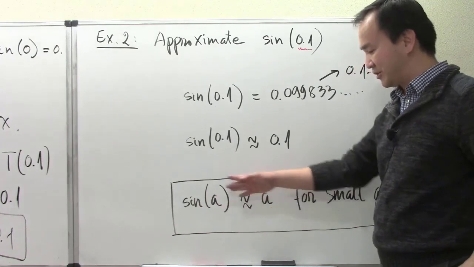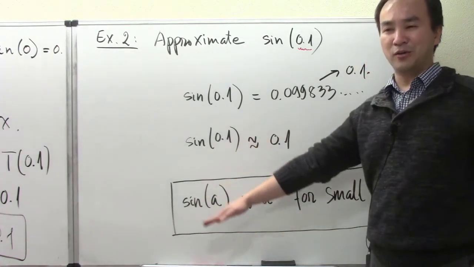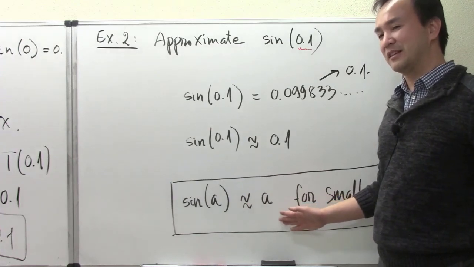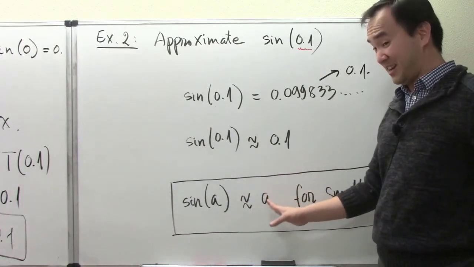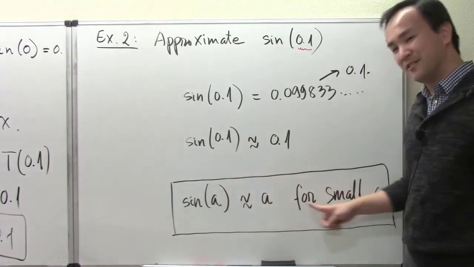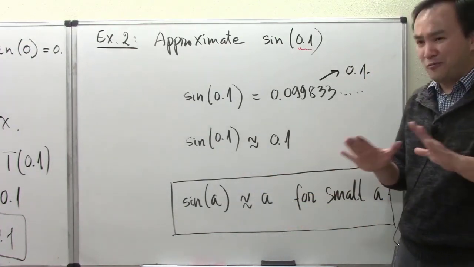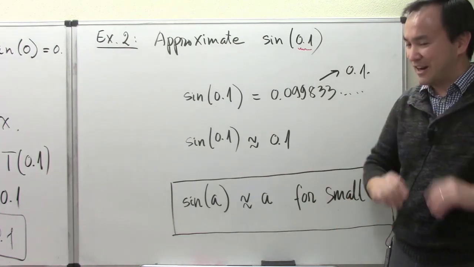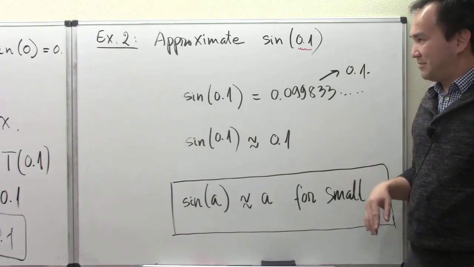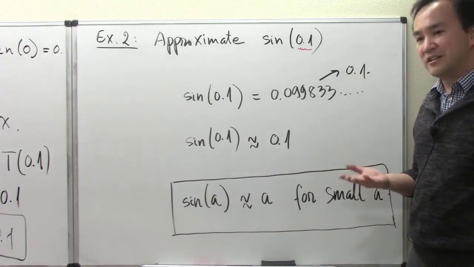One day you will start hearing professionals say sine of A is approximately A, or even sine of A is A, for small A. How small? We don't really need to make a judgment, and you saw that on the graph already. That's the whole idea of how we can do the linear approximation.